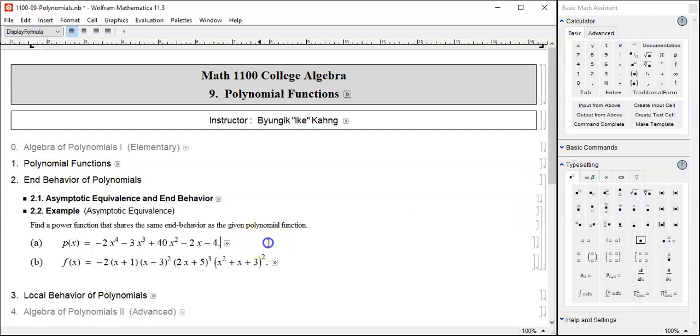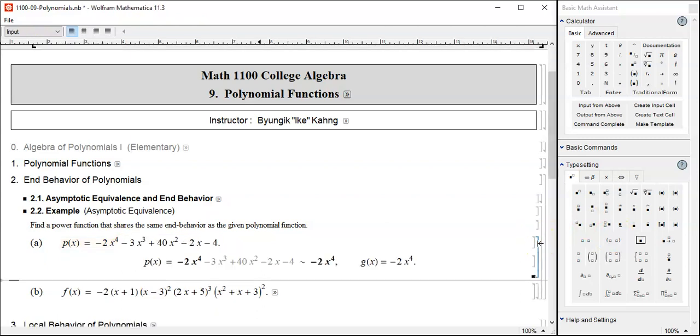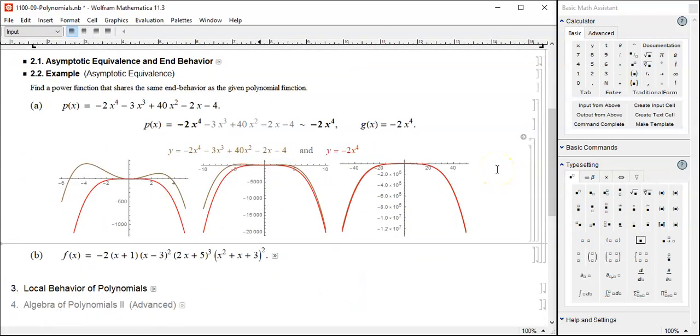Okay, here's one. Find a power function that shares the same end behavior as the given polynomial function. Oh, that's really easy. Discard all those and then you get y equals negative 2x to the 4th power. Too easy, isn't it? And the graph should be upside-down U-shaped. Negative and then 4th power. That's it, and here's a graphical justification.